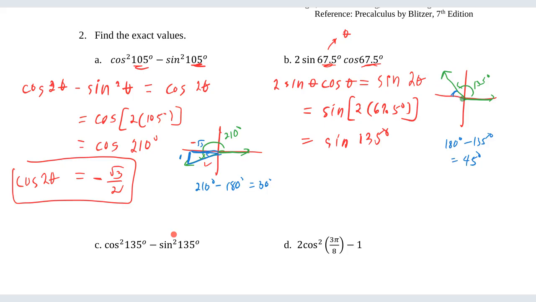So we are creating a 45-45 triangle, and the horizontal side is negative radical 2 because it's in quadrant 2, and the hypotenuse is 2. By definition, sine is opposite over hypotenuse. The opposite side is radical 2 and the hypotenuse is 2, so we have radical 2 over 2, positive, because the y value is positive in quadrant 2.